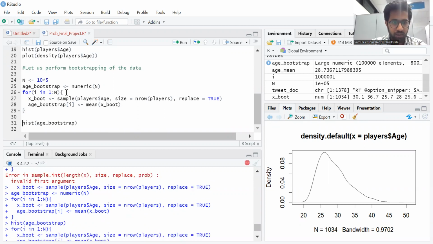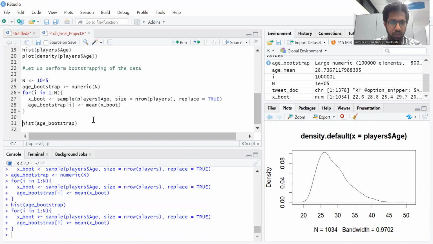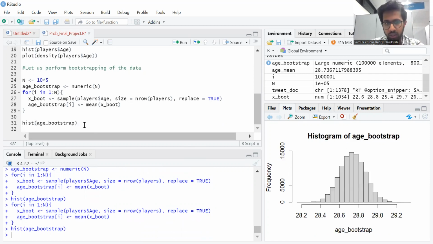It's still running. It is taking some time as we are repeating it 10 power 5 times. Once it's done, we will plot the histogram. Yeah, it's done. Now we can happily plot the histogram for that bootstrap model.